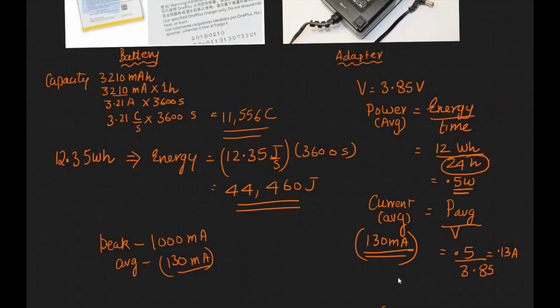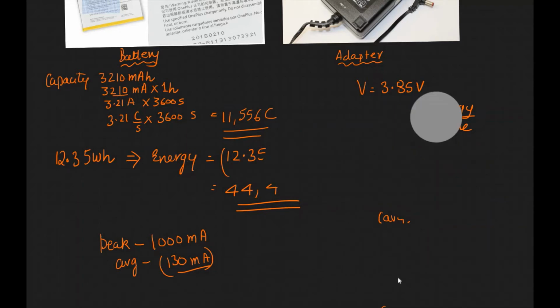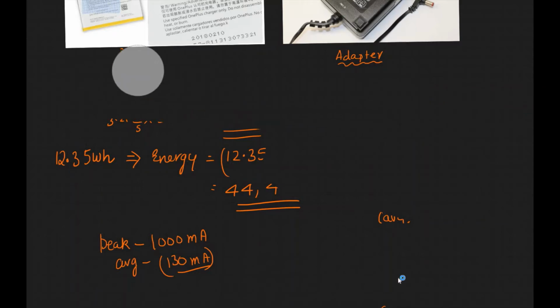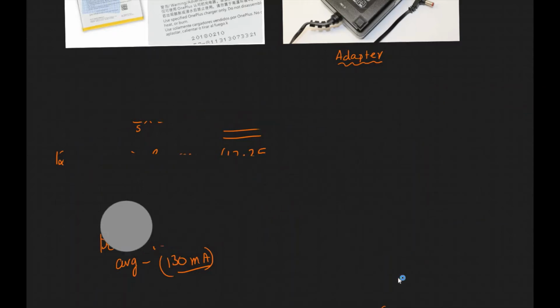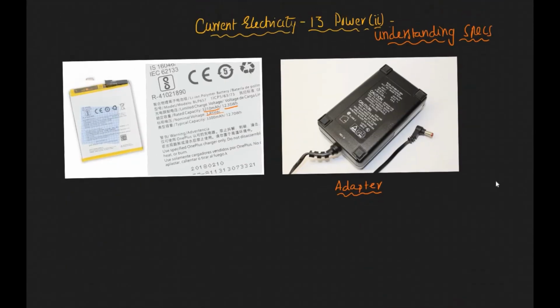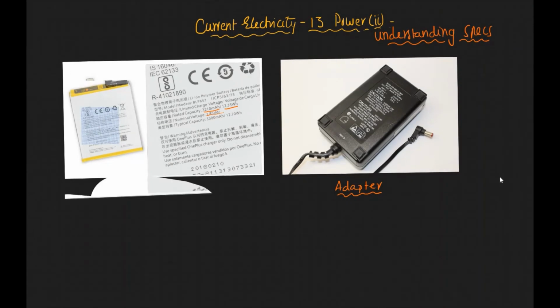Now let's look at one more use case, analyzing your adapter. Your adapter is a very different scenario, where you use it to charge the battery. In your adapter you will have two kinds of specification.